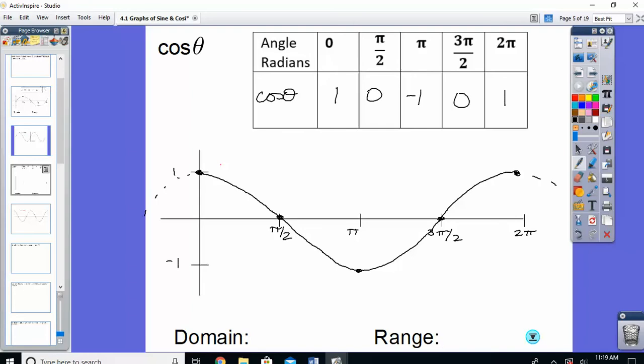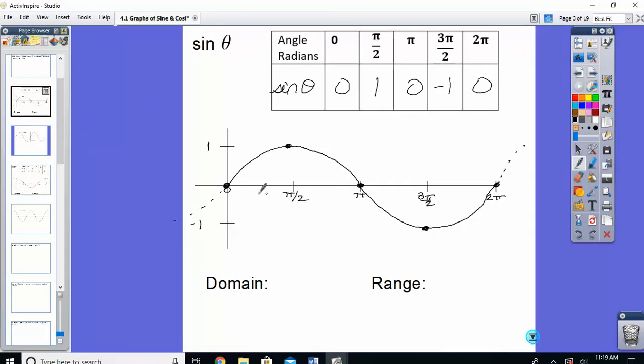Let's do domain and range for each of these. For sine, my domain is my x. If it keeps going, what's my domain here? Negative infinity to positive infinity. I only graphed 0 to 2 pi, but it'll keep going. My range, what y's do we hit? Negative 1 to positive 1. We do hit those values, so they get brackets.